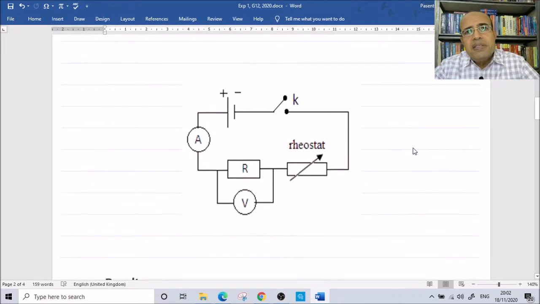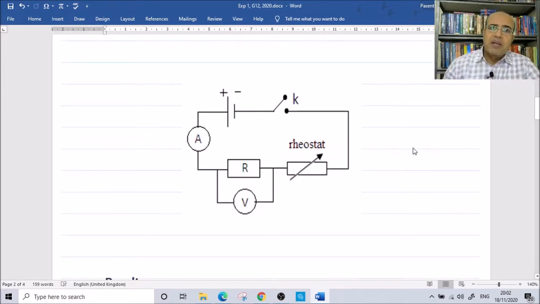Let us study the circuit. The circuit contains the switch. The function of the switch is to switch the current off and on. The current denoted by I is the same current everywhere in that series circuit, so we can put the ammeter at any position in the circuit.